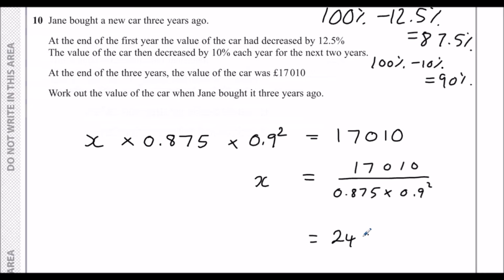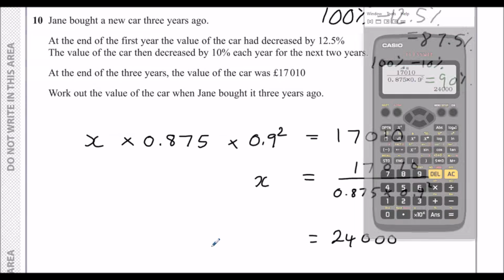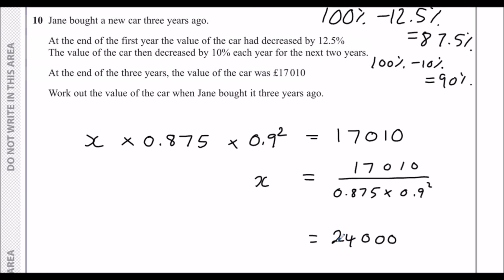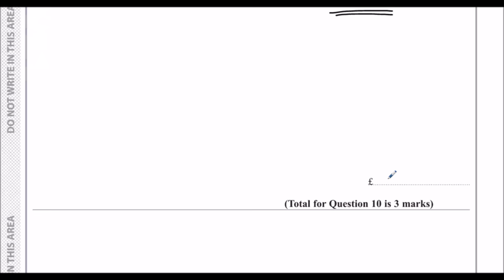So if you start with 24,000, you take off 12.5%, then you take off 10% in the second year, and then 10% again, you get £17,010. £24,000 is our answer.